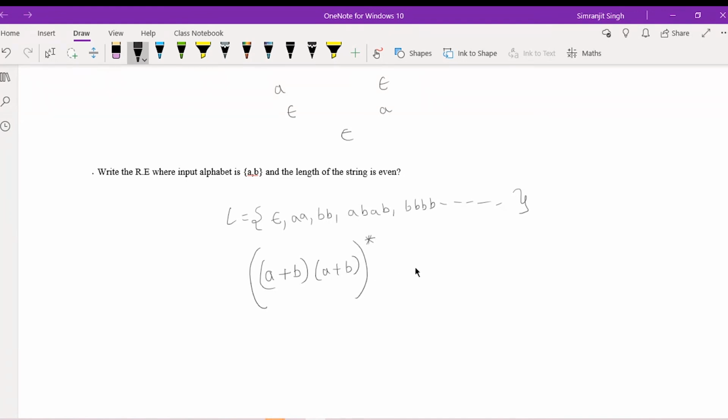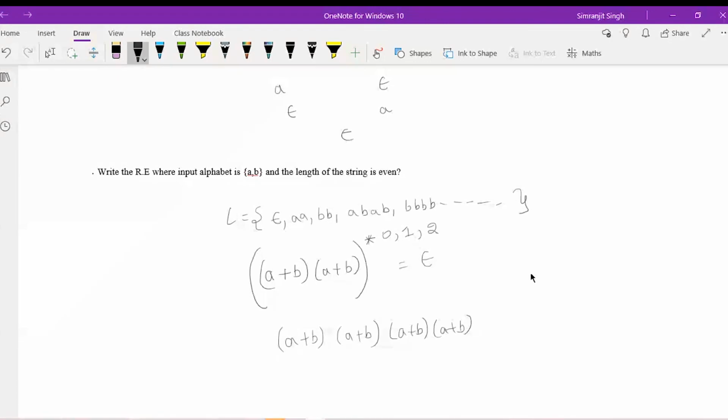If I raise this to the power of 0, epsilon can be derived. If I raise it to the power of 1, you can derive a two length string. If I raise it to the power of 2, it becomes a plus b, a plus b raised to power 2, which means this a plus b 4 times. So a four length string can also be extracted.